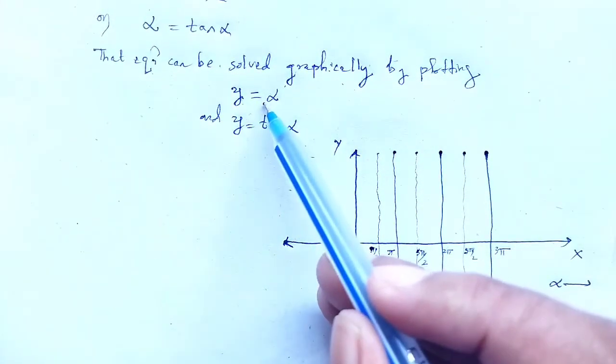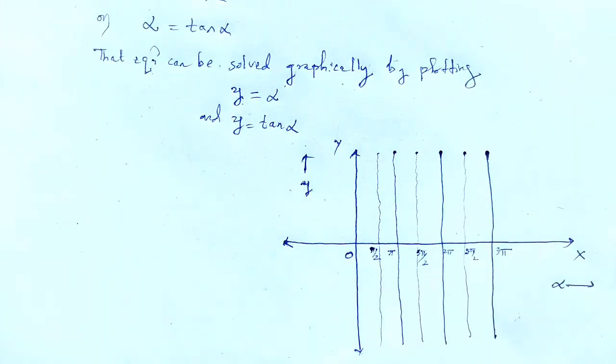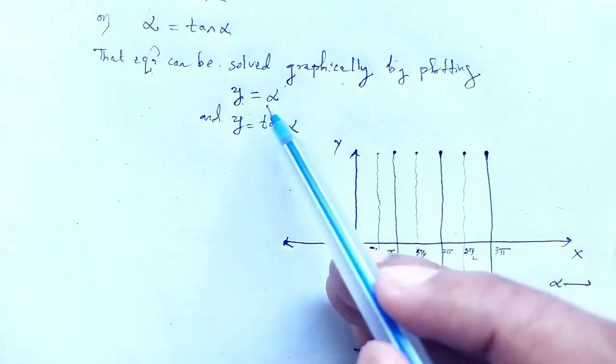Now y is equal to alpha. What will the curve look like?